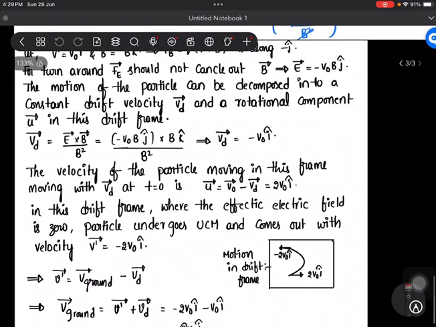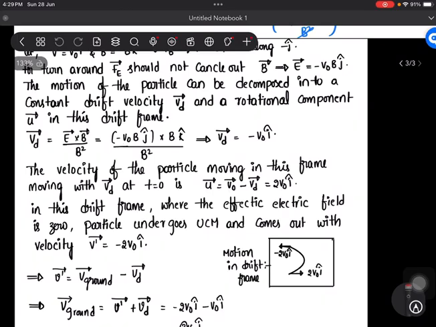Now, what is the velocity of the particle in this frame at t equal to 0? I want to know the velocity of the particle in that particular frame. That is velocity of the particle minus velocity of the frame. So this is V naught i cap according to our assumption, and this came out as minus V naught i cap.